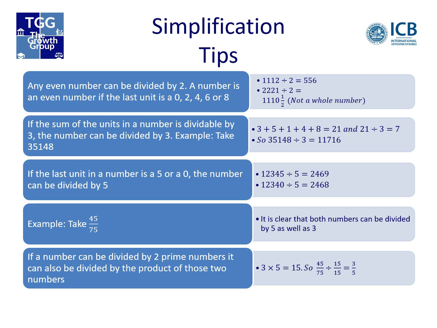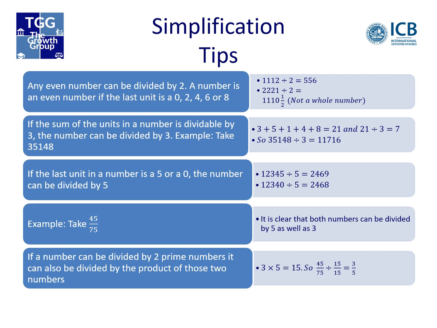The second tip says the following: if the sum of the units in a number is divisible by 3, then the number itself can be divided by 3. So take the example there, we have a number 35148. So when we take each unit in that number, 3 plus 5 plus 1 plus 4 plus 8, we get 21.